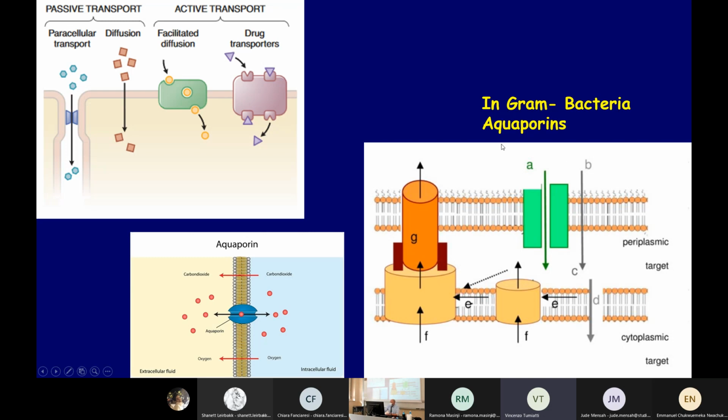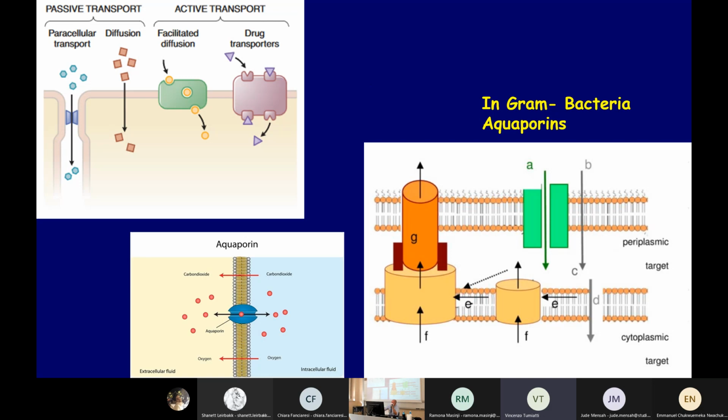Once again, you see on your right the ability of some antibiotics to cross the cell wall and the membranes of gram-negative bacteria. You know that the gram-negative bacteria have a very complex system of membrane and cell wall, and it's very difficult to reach the inner part of these cells.